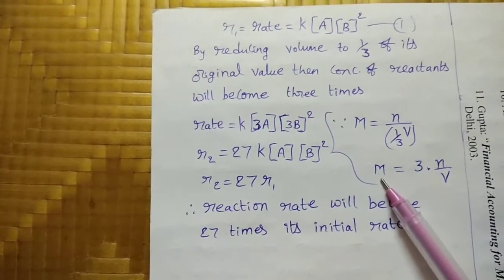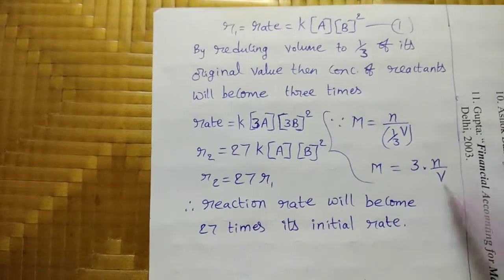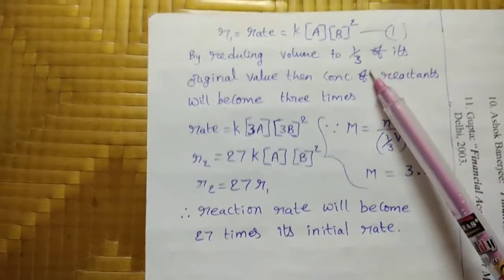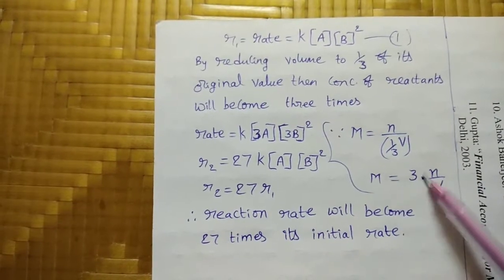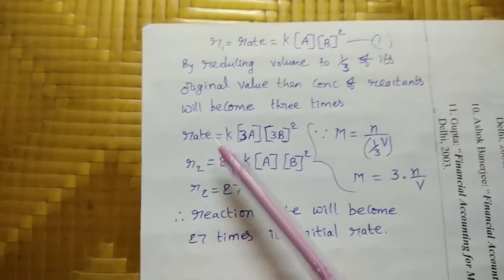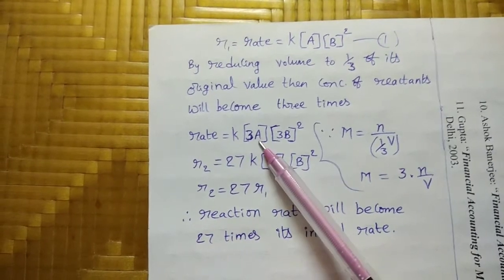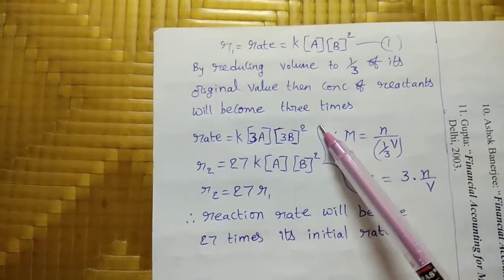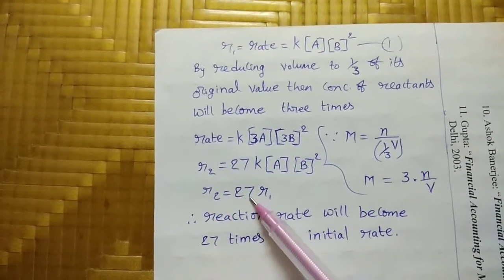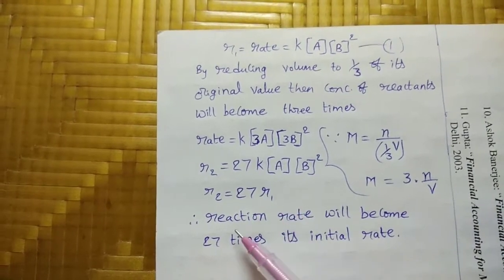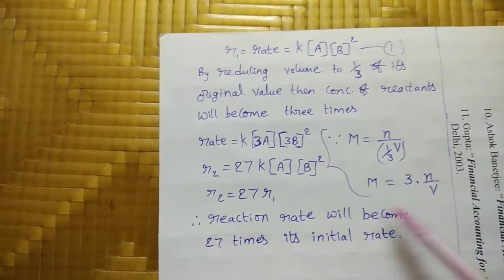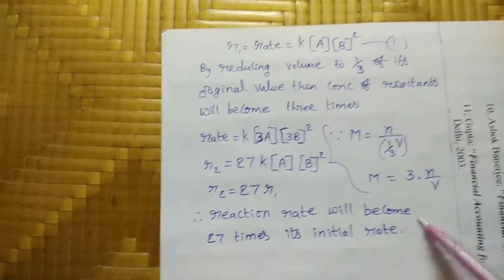Then we get molarity equal to 3 into N by V. So the volume reduced to 1/3 means the concentration increases 3 times. Now the new rate R2 equals K into 3A into 3B whole squared. So finally we get R2 equal to 27 into R1. So the reaction rate will become 27 times its initial rate.